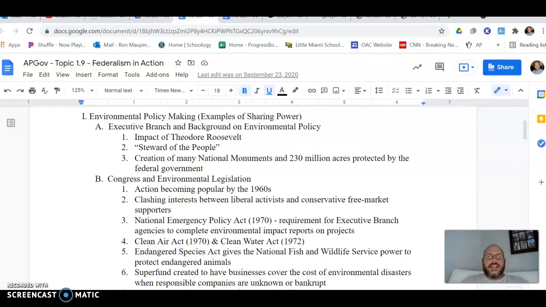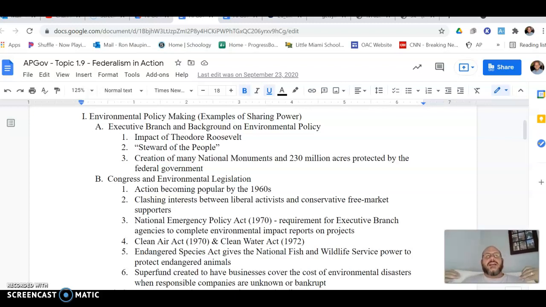And we're going to be seeing over time 230 million acres protected by the federal government. And this is going to be through executive branch authority, using that power of the president to basically force the Interior Department to be responsible for the maintenance of a lot of protected territory.